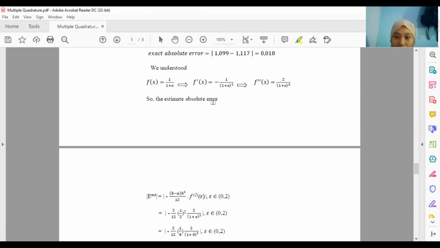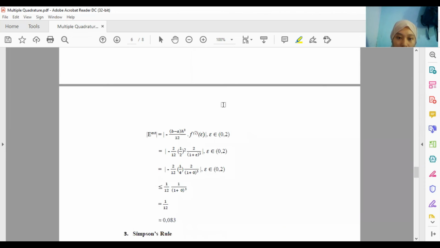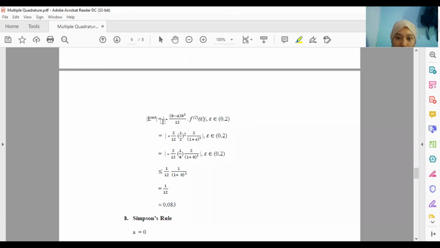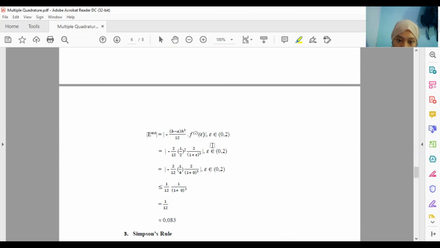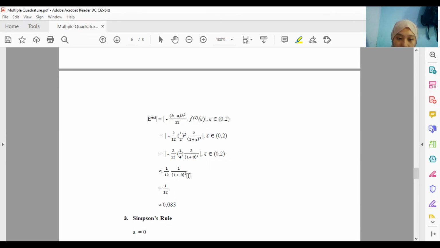So the estimate absolute error is equal to the absolute value of minus (b minus a) times h squared over 12 times f''(epsilon), where epsilon is an element of 0 to 2, and then we get 1 over 12.